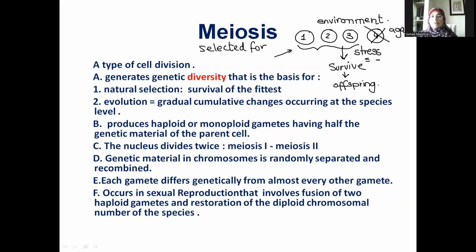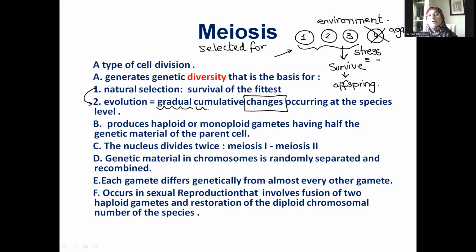Natural selection is the cause for evolution, and evolution is characterized by 3 characteristics. First of all, it is a change, okay? Evolution is a change, but a change that has 3 important specifications. The first specification is that it is a gradual change that occurs over time.